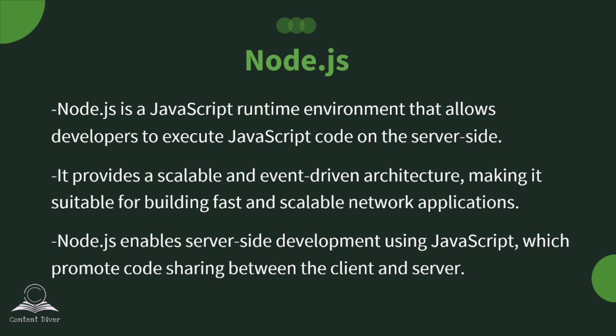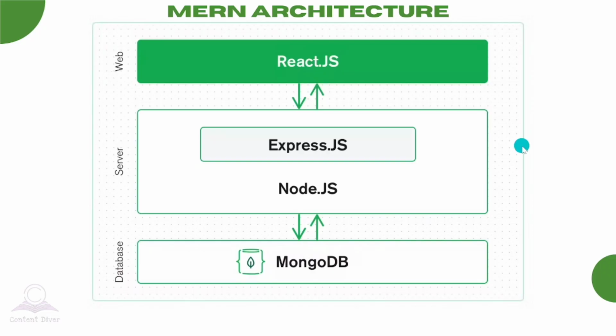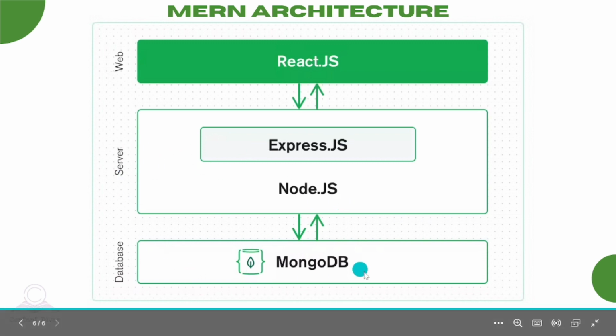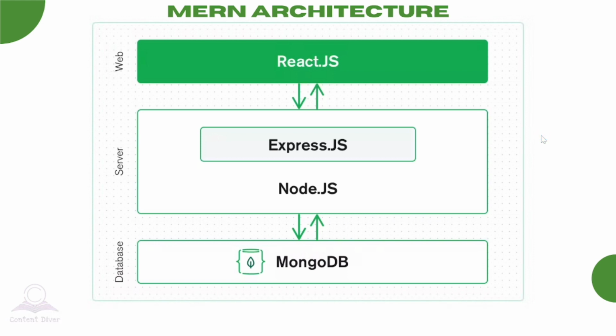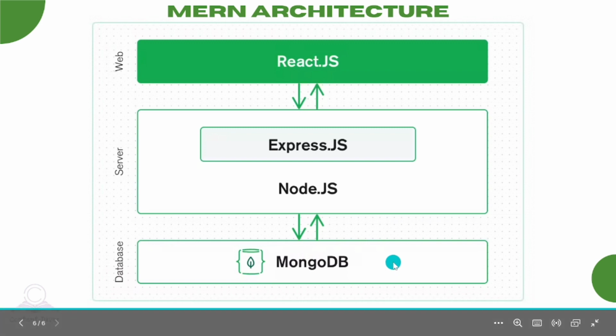Let us see the MERN architecture. Here is the front-end part, these two are the backend server part, and this is the database. The front-end React makes a request for the data, then in Node.js, Express parses the request and asks for the data from MongoDB.